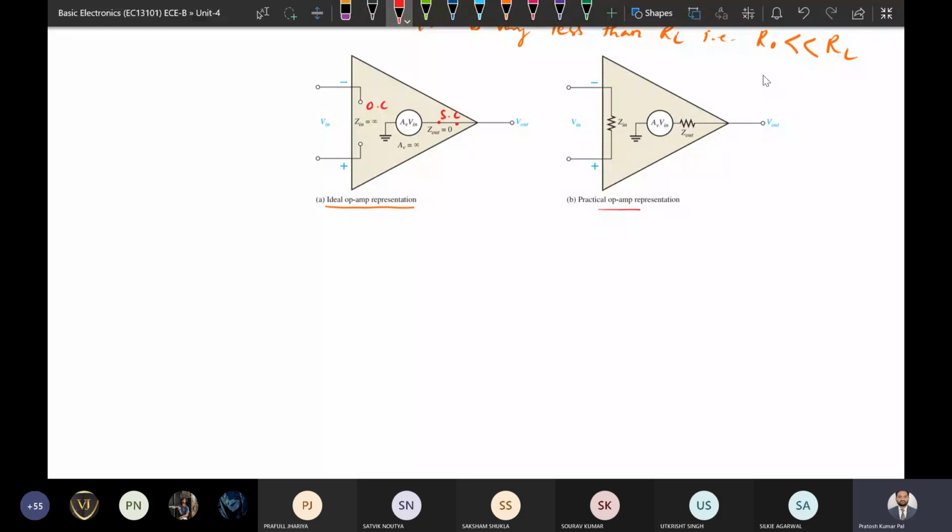Okay, so we were discussing the ideal and practical operational amplifier. From a structure point of view, we have seen how the ideal and practical operational amplifier are represented.